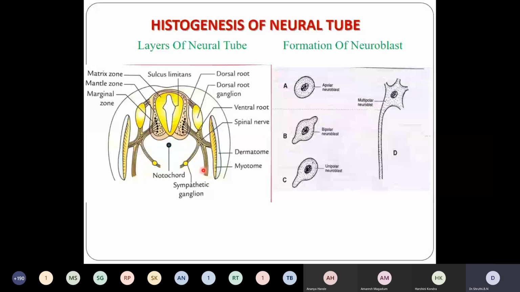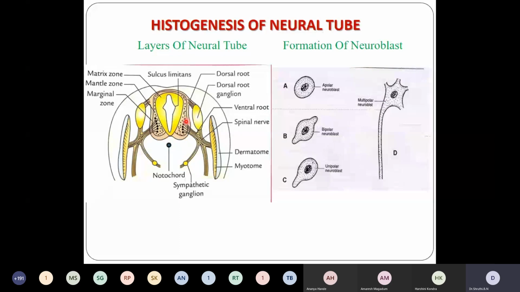Axons of the neurons form the various parts of the brain that enter into the marginal layer. So the myelination of the nerve fibers makes this marginal layer whitish in appearance. Thus the mantle layer derived from the neuroblast forms the gray matter, whereas the marginal layer forms the white matter of the spinal cord.